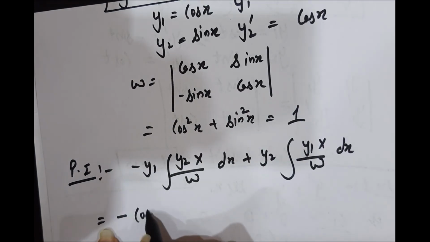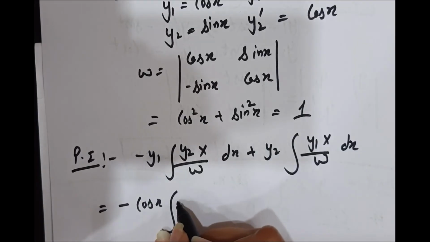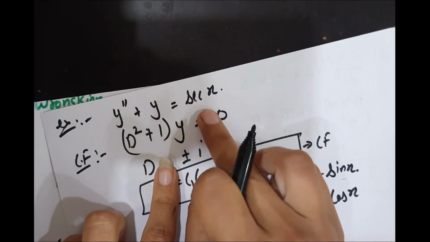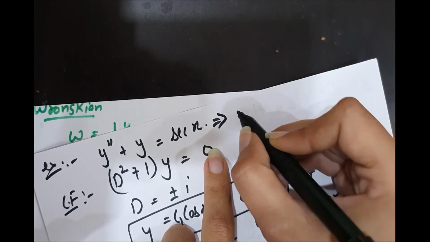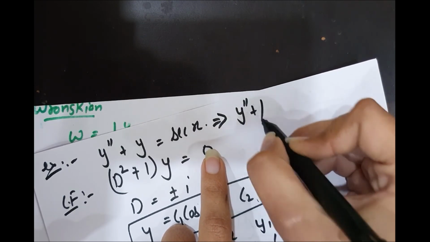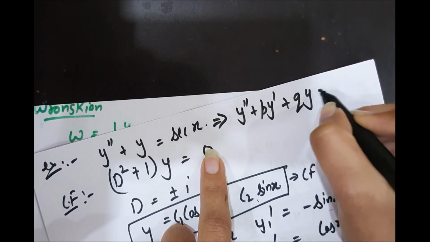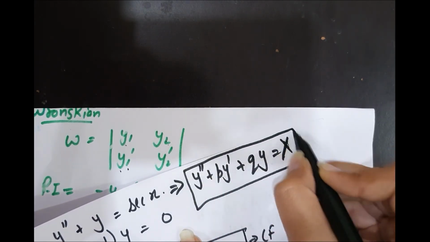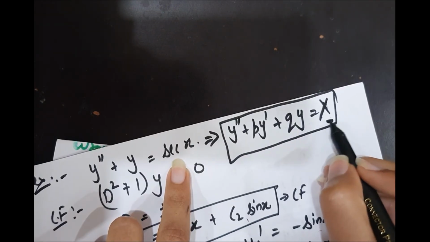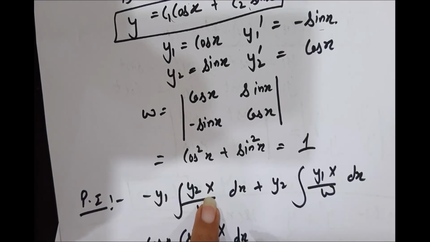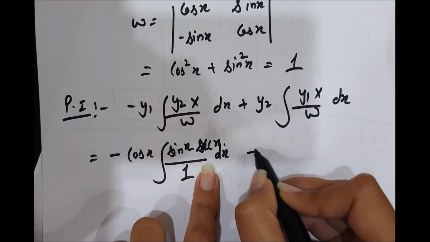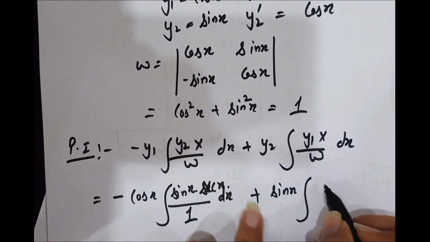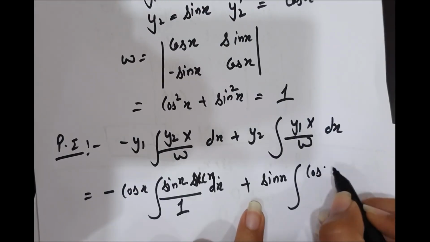Now y1 is cos x, y2 is sin x. Now this is X. I tell you the general equation of the Wronskian method. This secant x is X. Put secant x in place of X, secant x plus, now this sin x is y2 and y1 is cos x.